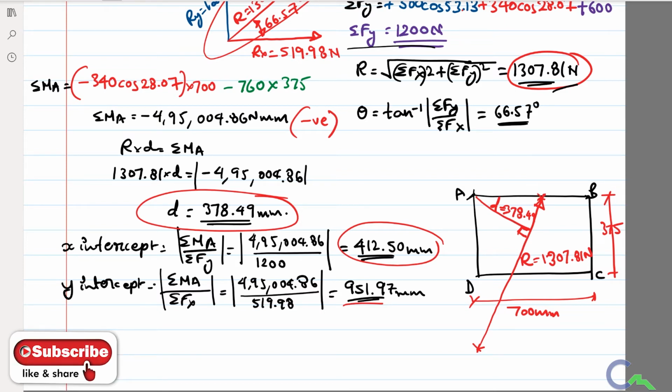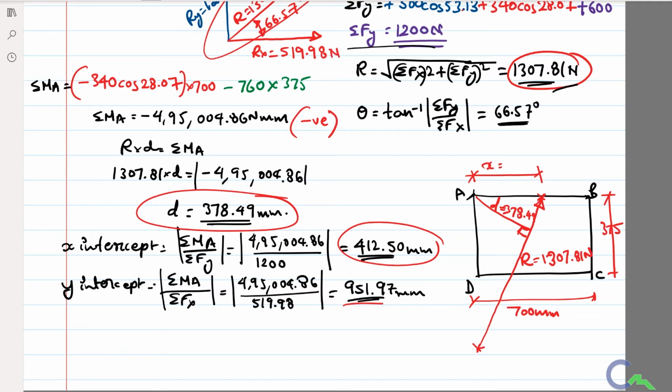So in this case, x intercept, so they ask where it is going to cut the edge AB, that is x intercept is equal to 412.50, then y intercept we got 951.97, therefore this angle, that is 66.57, we calculated at the beginning of the problem. So this is the final figure for this question.